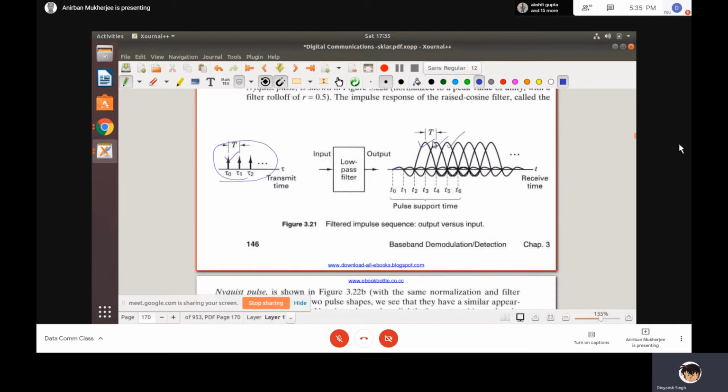At the detector point I am doing the sampling at this point, this point, this point. That means if this is a raised cosine, even if the effects are there, at the sampling point I don't have any effect. So this is the characteristic, and one is the transmitter part and one is the receiver part, that is HT and HR.